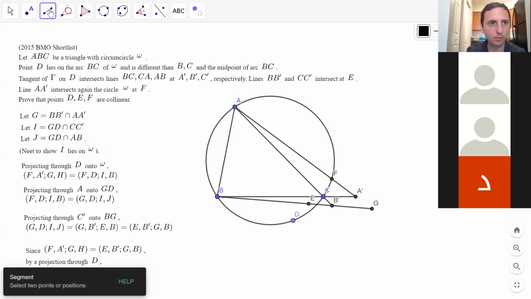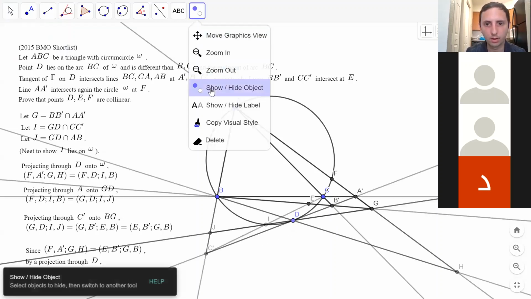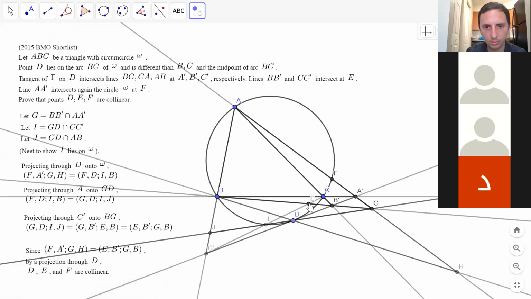So BB, whoops. This is G, and then I is GD. Oops, let me unhide I. Oh, I need C prime.